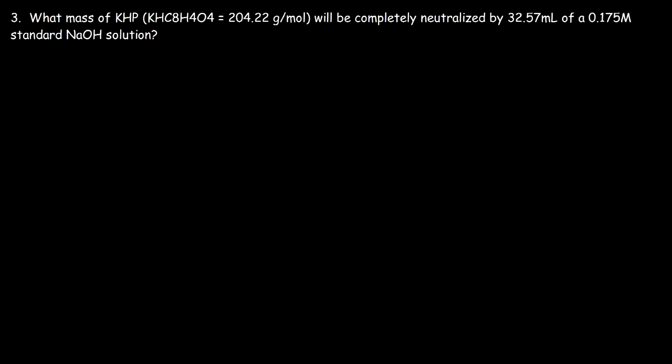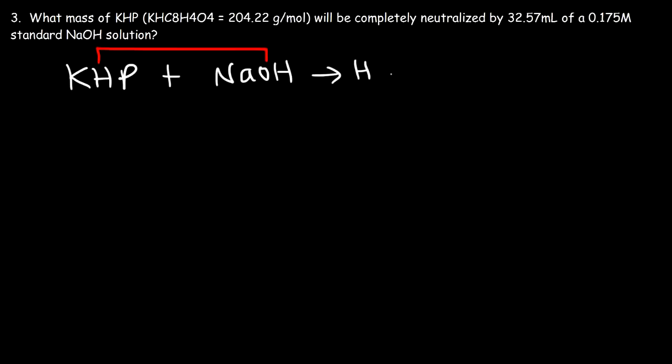This might be bad news for those of you who really like those formulas. But let's start with a balanced chemical equation. So KHP reacts with sodium hydroxide. If you want to, you can use this, but I'm just going to use KHP. What you need to understand is that this hydrogen will combine with the hydroxide ion producing water.